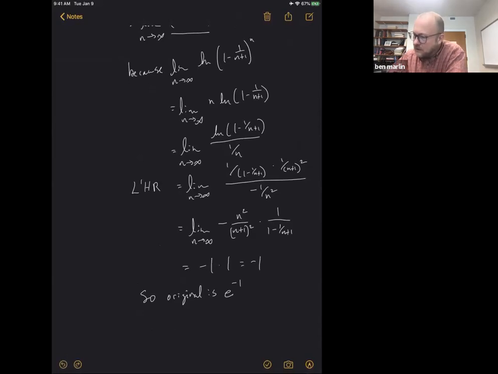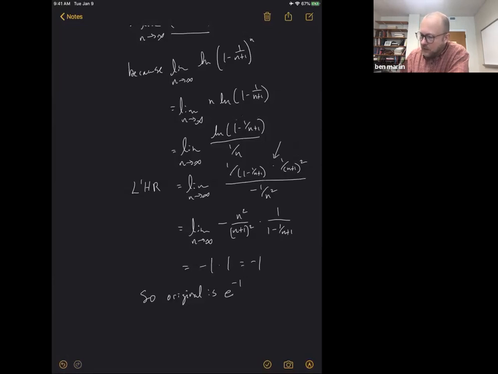And if you remember, inside the parentheses here, you had a 1, and its derivative is going to be 0. But the derivative of negative 1 over n plus 1 is going to get you another negative. So that means we have a negative negative 1. That's why we don't have any negatives down here.